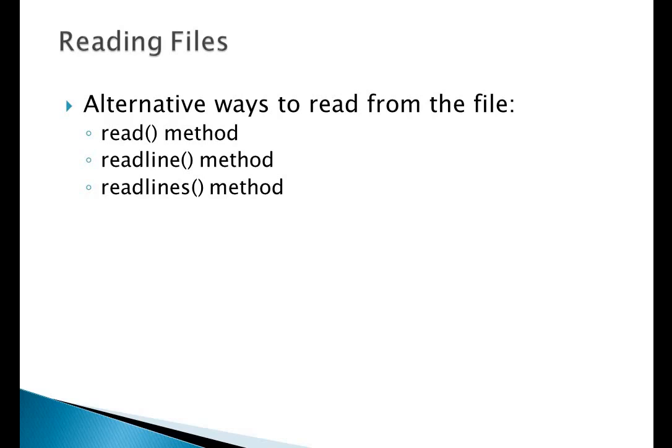So the call to this read will be read inside brackets 10. This is the difference between the two versions of the read method. During this session, we have covered different ways to read the file. We will stop here.